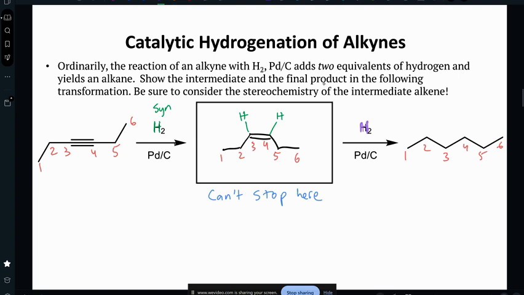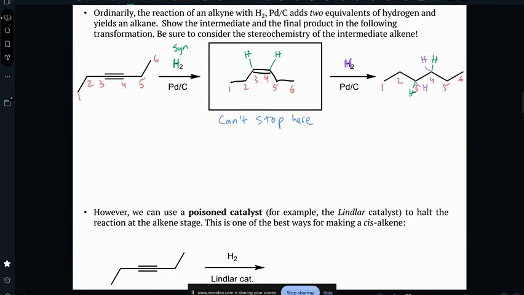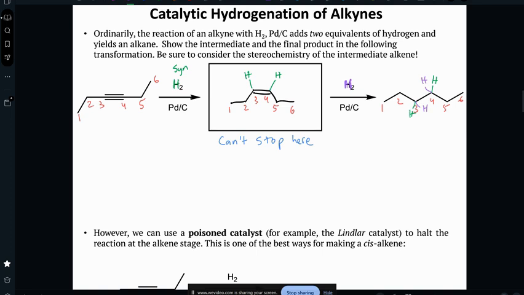So if I had those 2 green hydrogens, now I'm going to add 2 more hydrogens and just make the alkane. So you can hydrogenate an alkyne and turn it into an alkane just using palladium on carbon with hydrogen gas. So that would go alkyne straight to alkane.